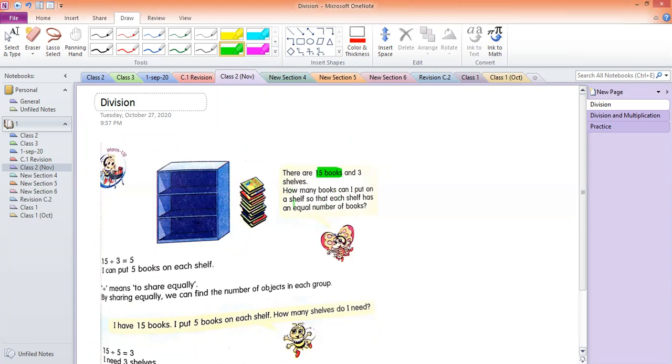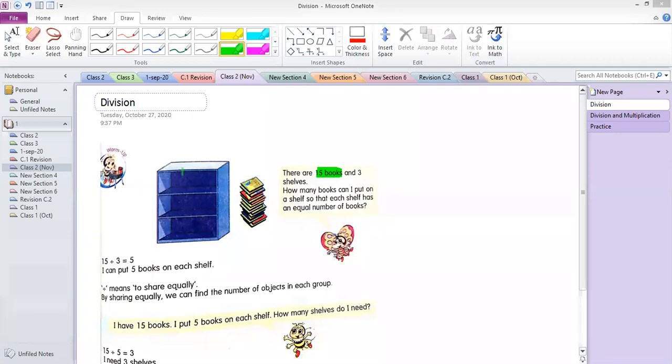The problem is I have 15 books, and I want to put an equal number of books in each shelf. So how many books should I keep in one shelf so that all shelves can have an equal number of books, and we divide all 15.